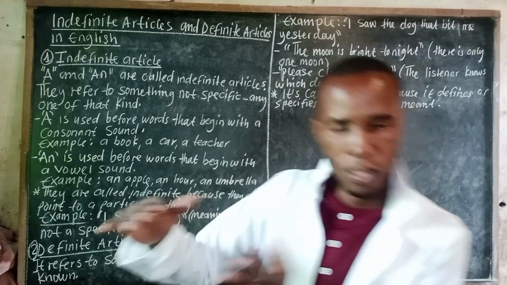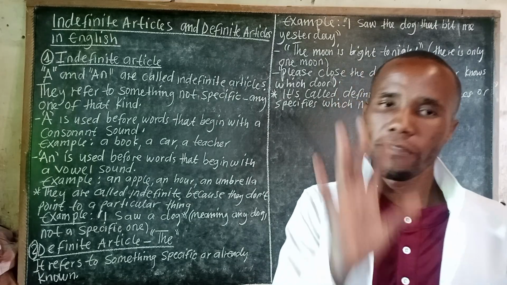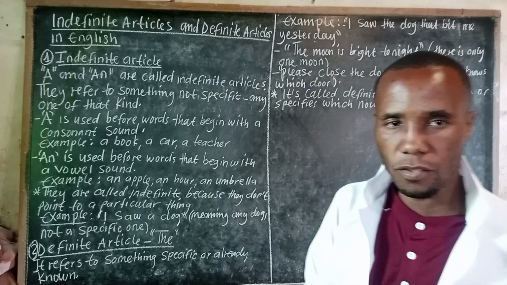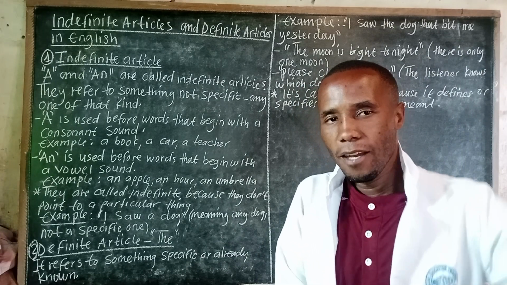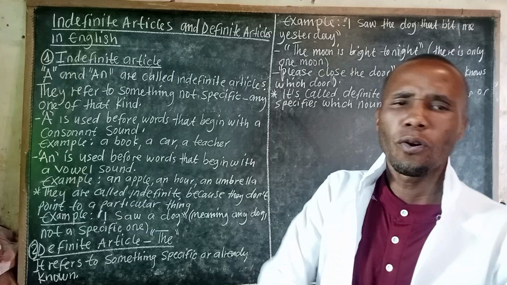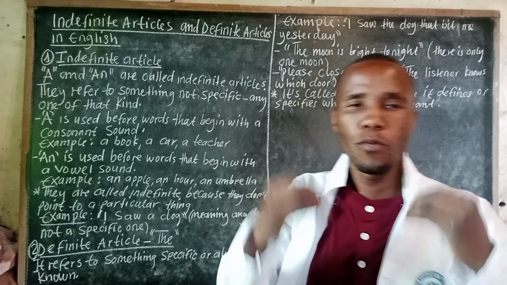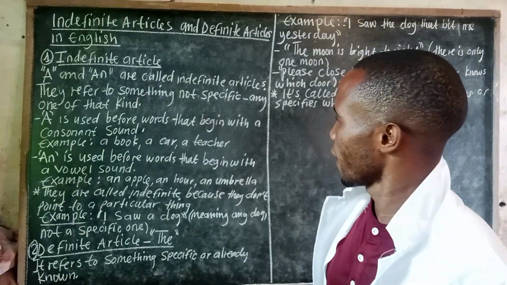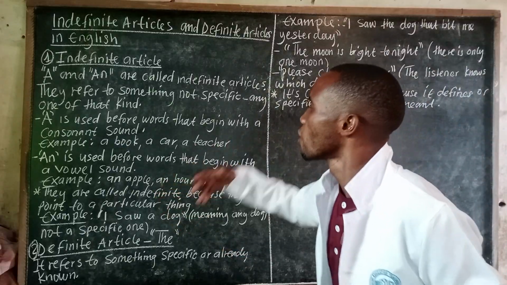So now we are talking about the remaining letters, the vowels, those 5 that I talked about: A, E, I, O, and U. So any word that begins with a vowel sound, you have to use an.